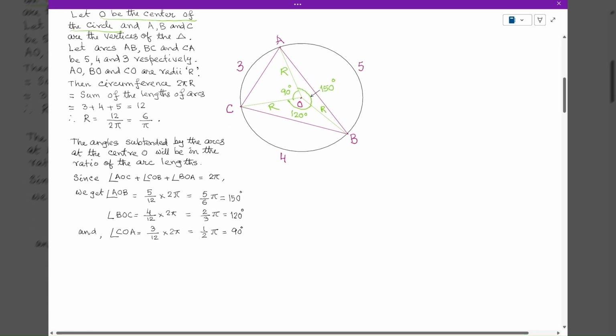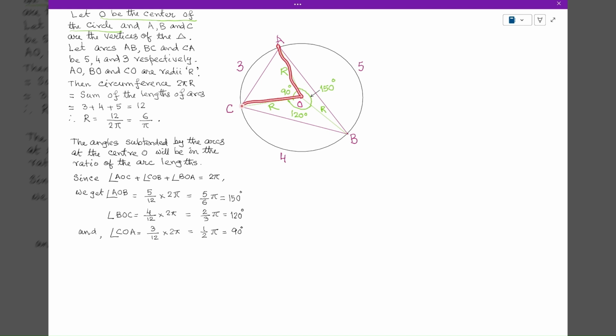The angles subtended by the arcs at the center O will be in the ratio of the arc lengths. That means this arc, which is smaller, will subtend a smaller angle at the center. This arc, which is larger, will subtend a larger angle at the center, and this arc, which is the largest, will subtend the largest angle at the center.